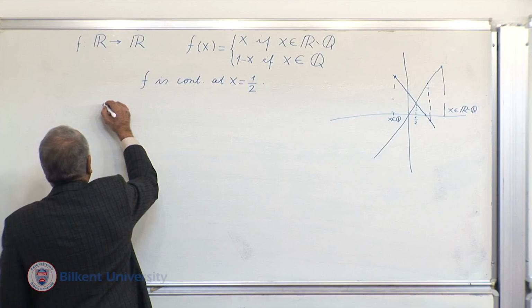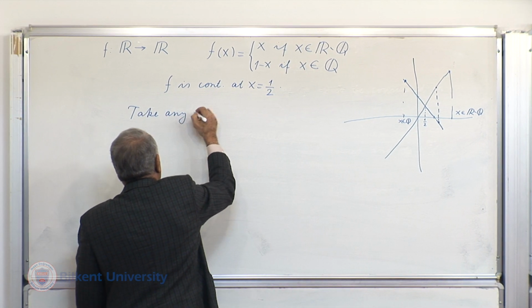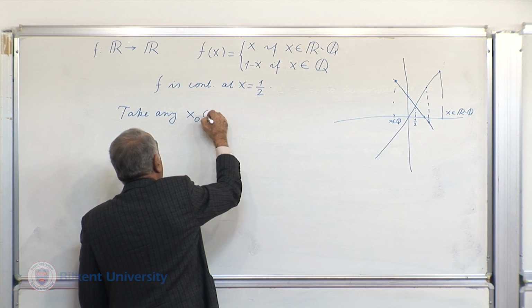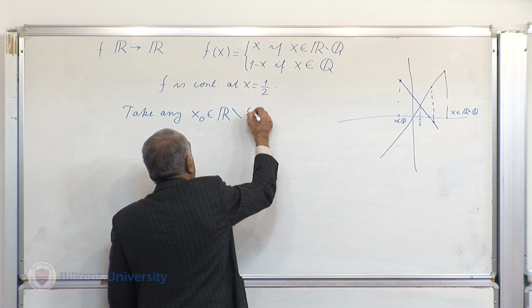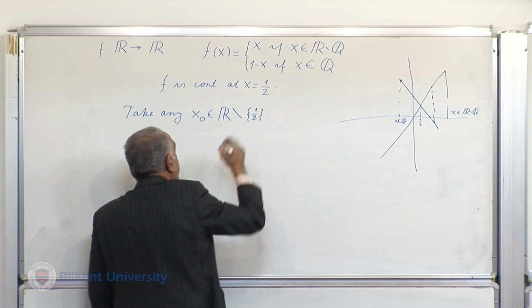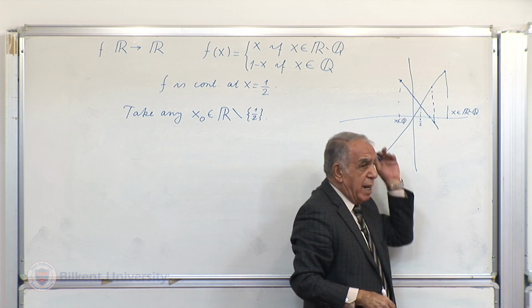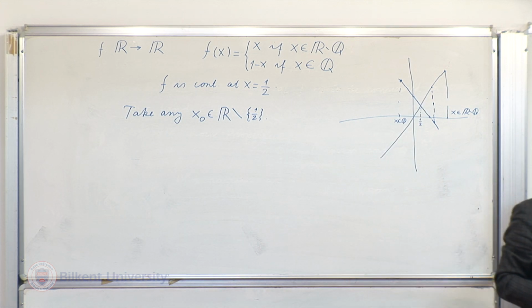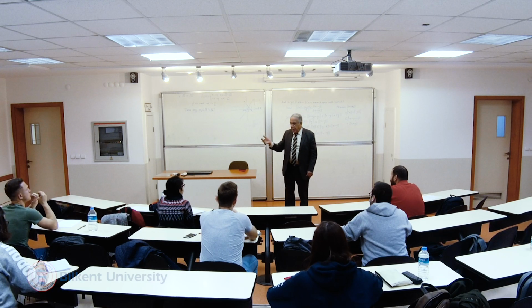Well, take any x naught in R different than 1/2. What's this distance at x naught? It depends upon whether x naught is in Q or not. It will be 2x naught minus 1 or 1 minus 2x naught.